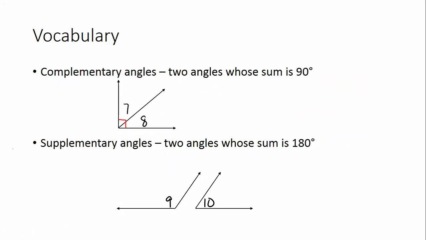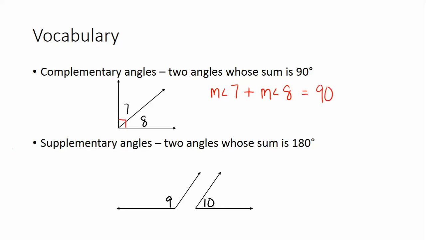Next we have complementary angles and supplementary angles. Complementary angles are two angles whose sum is 90 degrees, and supplementary angles are two angles whose sum is 180. So the measure of angle 7, and you'll see me use the letter M with the angle symbol, that means the measure of angle 7, whatever it is, plus the measure of angle 8 will add up to 90.